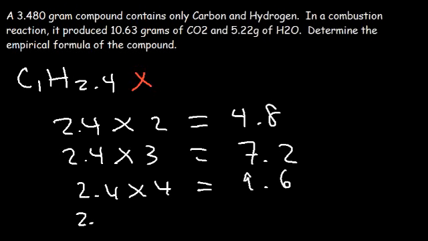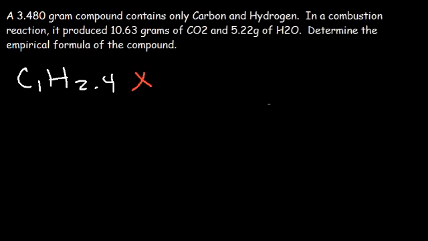That doesn't work. If you multiply by 5, that's going to be 12. Let me double check that. And it is. So if you're not sure, just start with 2 and multiply it by every number after 2, and eventually you'll find it. So then it's going to be C5H12. So that is the empirical formula for this compound.